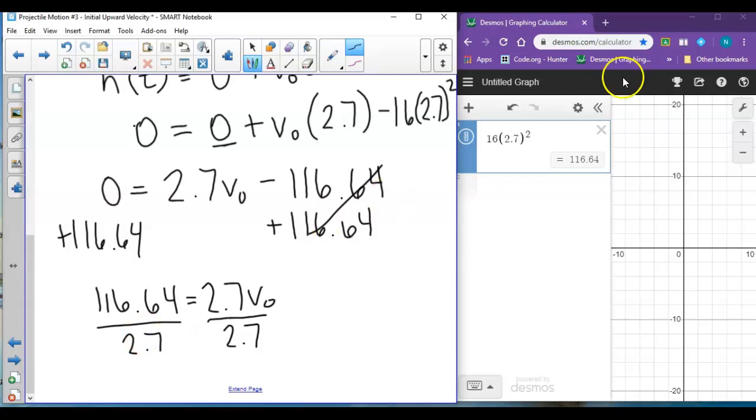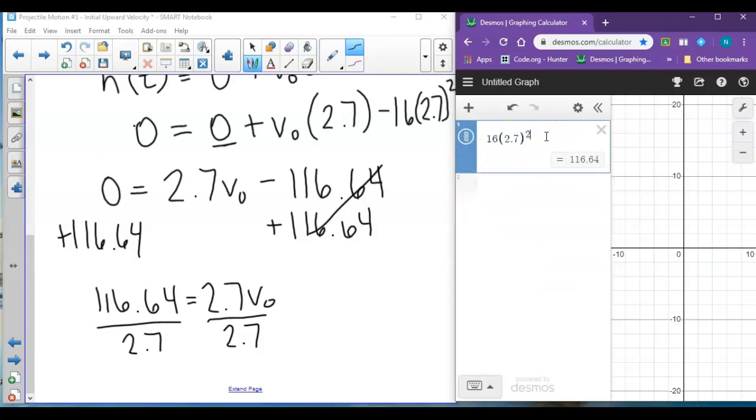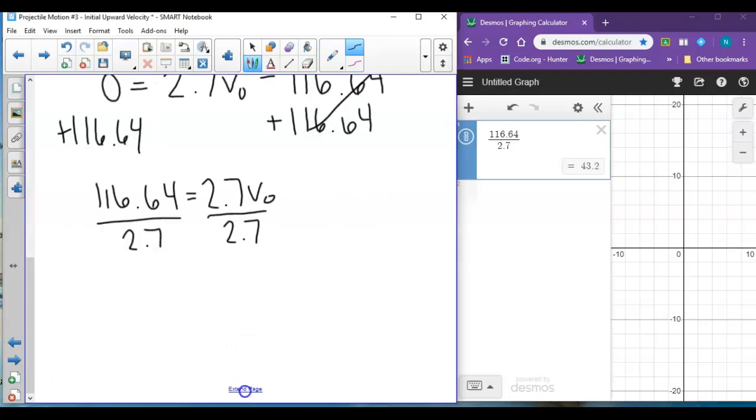And if I go over here and do that, 116.64 divided by 2.7 is going to give me 43.2. So my initial upward velocity here is 43.2, and that is feet per second.